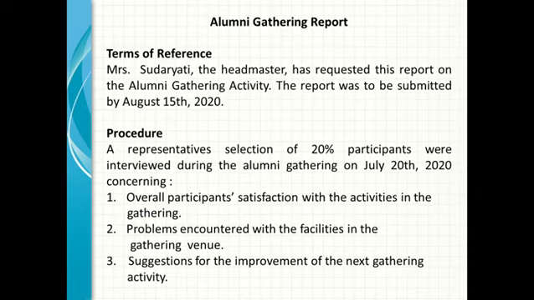In this report, the data from the participants were obtained from an interview. And in the interview, the questions are related to the participants' satisfaction, to the problems encountered, and also to the suggestions for improvement.